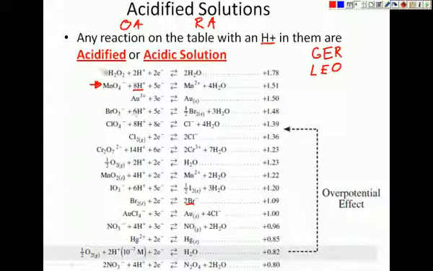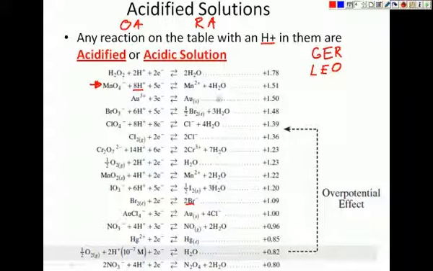If it's not in an acid solution, this reaction cannot occur, because you need MnO4 minus plus some acid, this H+, in order for this to gain electrons, or in other words, for this to be reduced.